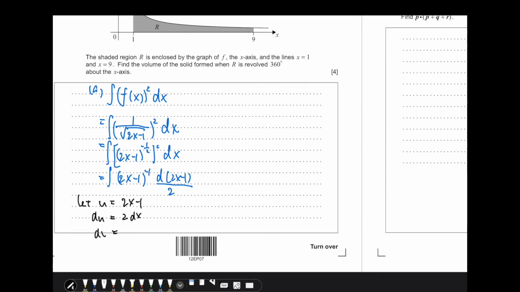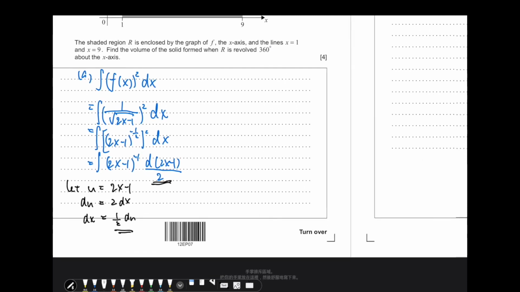So it means that dx is half of du, so that's why I have half in here.